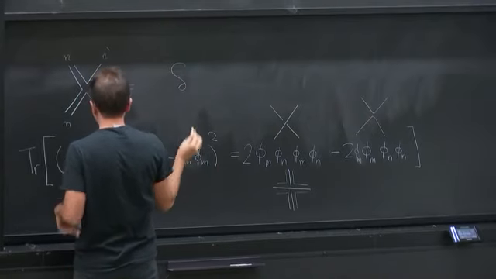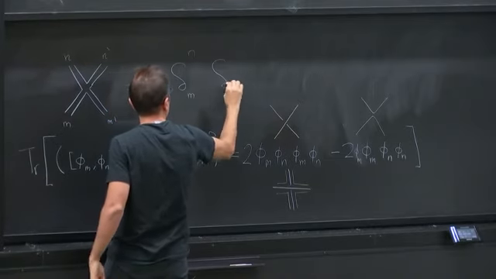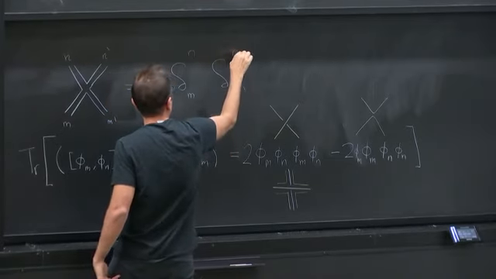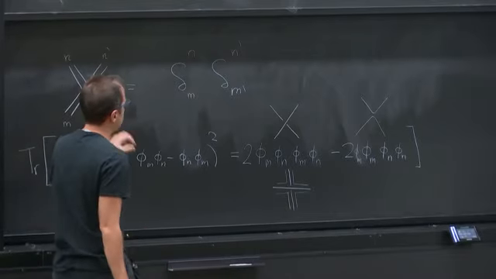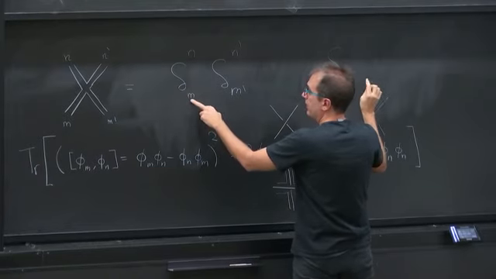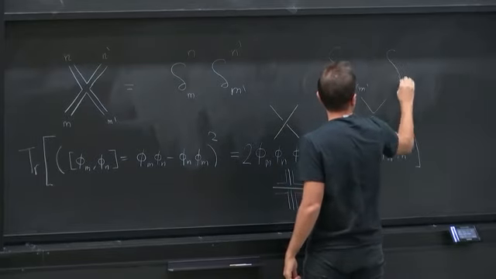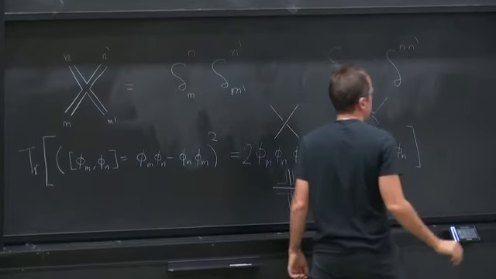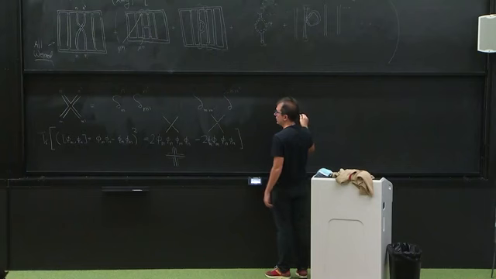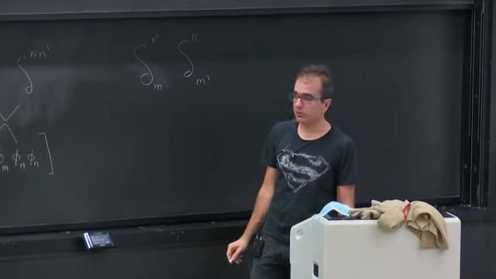One option is saying that index m becomes equal to index n, and index m prime becomes equal to n prime. The other option is that delta m becomes equal to, say, m prime, and delta n becomes equal to n prime. And the last option is that delta m becomes equal to n prime, and delta m prime becomes equal to n. And now we should work out the relative coefficients between these possibilities.